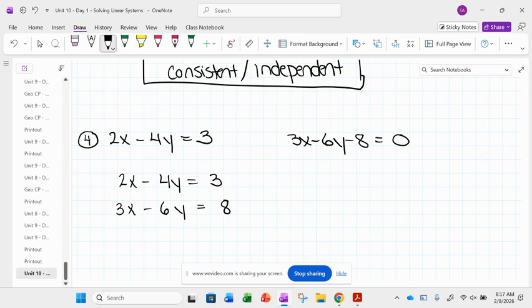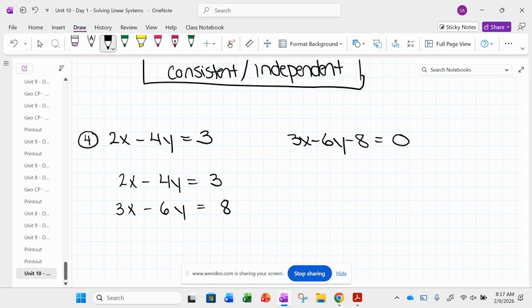So if we're solving this through elimination, there's no multiple of the other one, meaning 3 is not a multiple of 2, 6 is not a multiple of 4. So if we're solving through elimination, don't I have to multiply both equations by something? I'm going to opt to cancel out the x's.